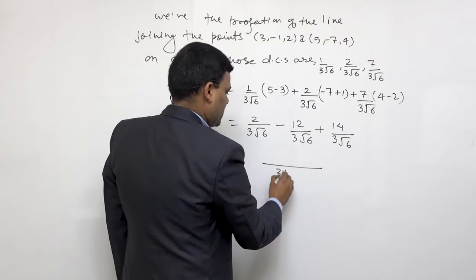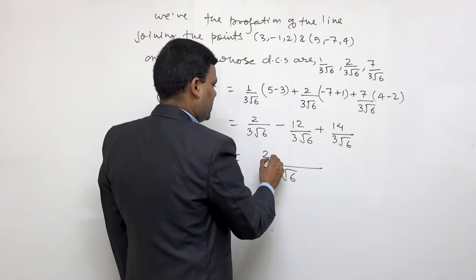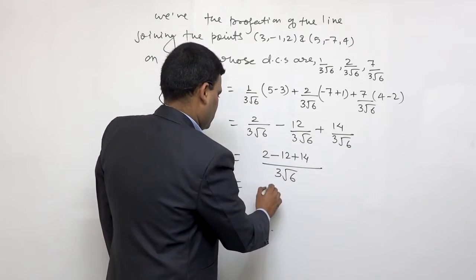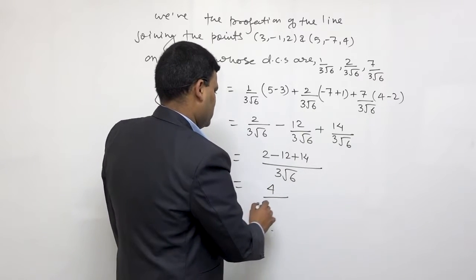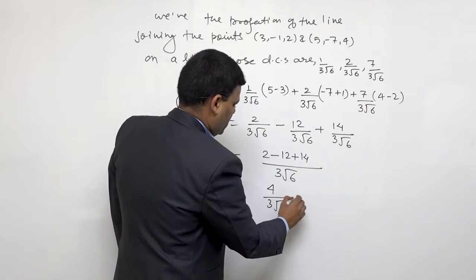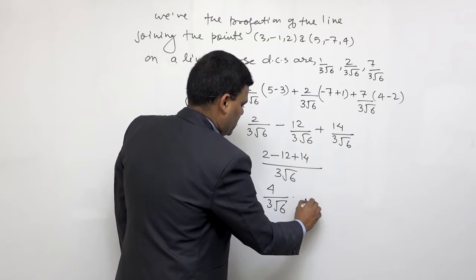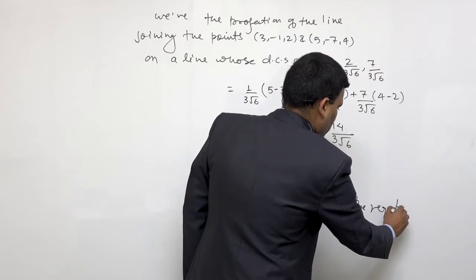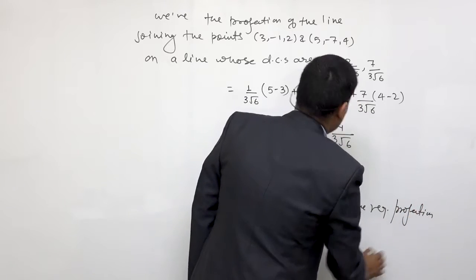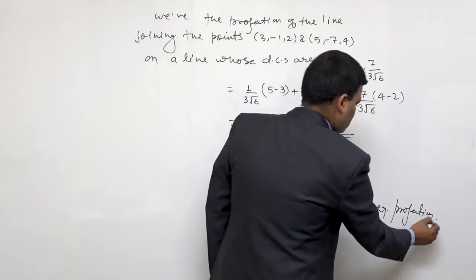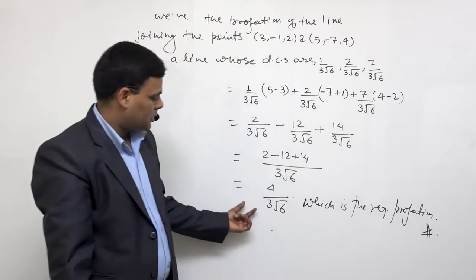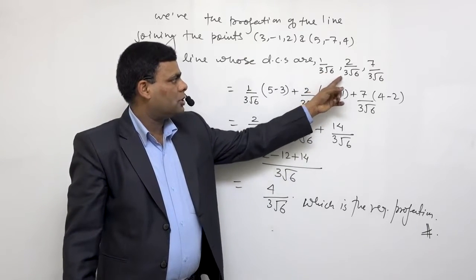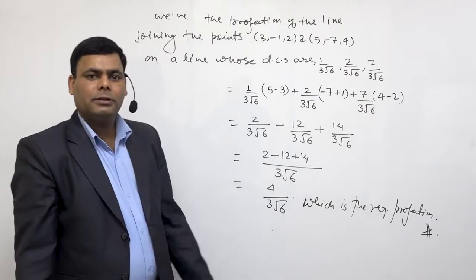Taking LCM 3 root 6, on simplification 2 minus 12 plus 14 gives 4 by 3 root 6, which is the required projection of the line joining the given points on a line whose direction cosines are 1 by 3 root 6, 2 by 3 root 6 and 7 by 3 root 6.